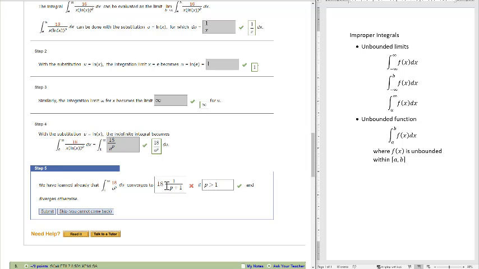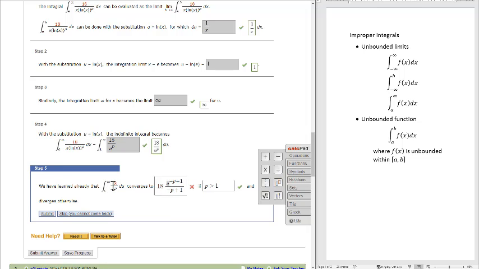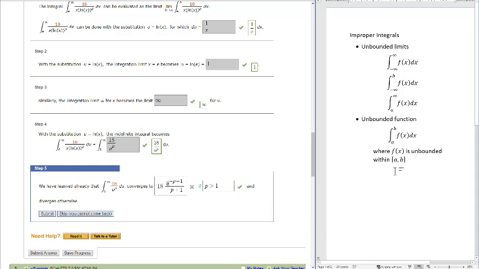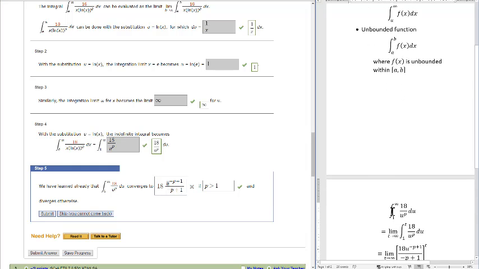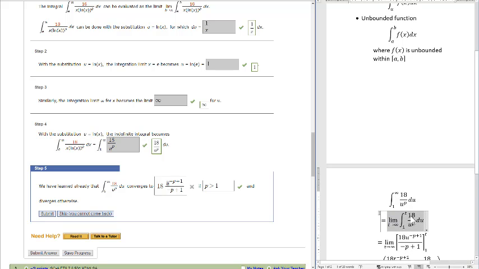Let's try that again. If we actually work out the integral, this is how it should look. The integral is equal to the limit of something where it's finite, and the antiderivative is 18 u raised to the negative p plus 1 divided by negative p plus 1.